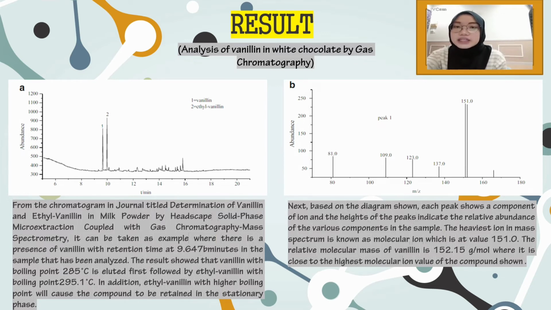In addition, ethyl vanillin with a higher boiling point will cause the compound to be retained in the stationary phase. Next, based on the diagram shown, each peak shows a component ion and the height of the peak indicates the relative abundance of the various components in the sample. The heaviest ion in the mass spectrum is known as the molecular ion, which is at value 151. The relative molecular mass of vanillin is 152.15 gram per mole, which is close to the highest molecular ion value of the compound shown.